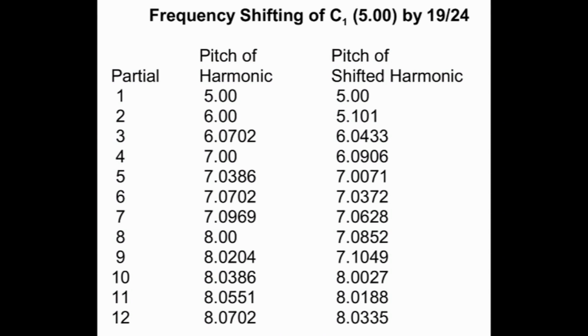If we start from the pitch 5.00 C1, the pitches we obtain would be 5.00, 5.101, 6.0433, 6.09, 7.007, 7.0372, and so on up to 8.0335 for the first 12 harmonics. This means that the 12th partial, instead of being 8.07, has been shifted down about 3.65 semitones.